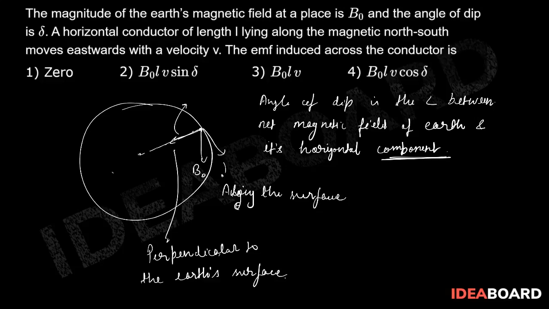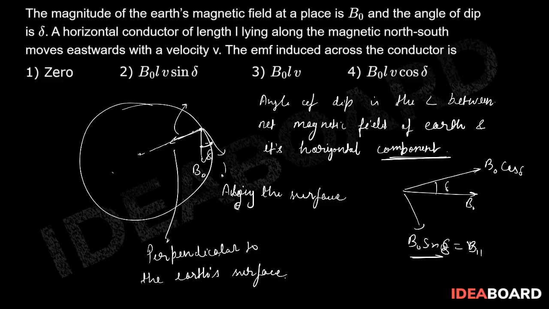So angle of dip is the angle between the total magnetic field and Earth. So this will be the delta. So if this is the value of B naught, and this is delta, then this is B naught cos delta and this will be B naught sin delta. So I can say B perpendicular and B parallel.